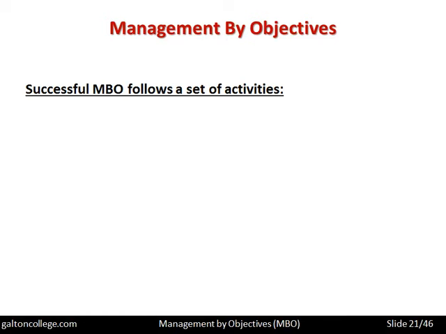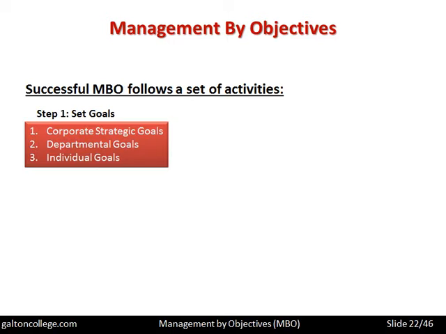Successful management by objectives follows a set of activities. So there is a set of activities that we can imagine here in developing management by objectives. For example, set the goals of the organization, and these, as I said earlier, can be corporate goals, or departmental goals, or individual goals.